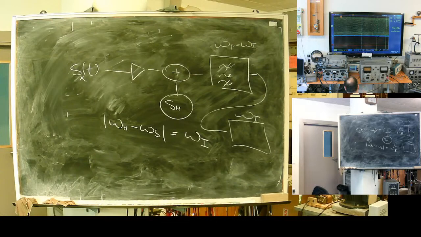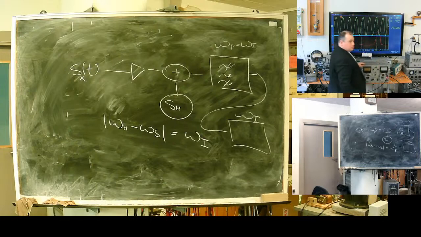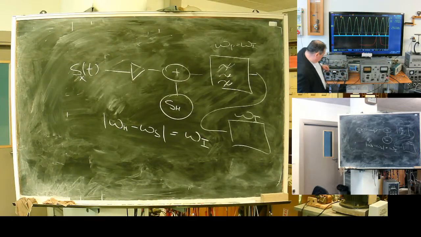And my generator produces 20 megahertz. To make all this visible, I use the ability of this receiver to transfer the signal spectrum.